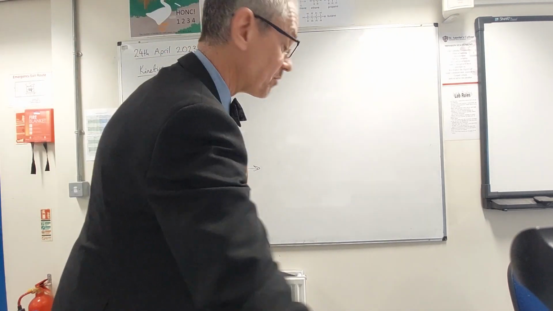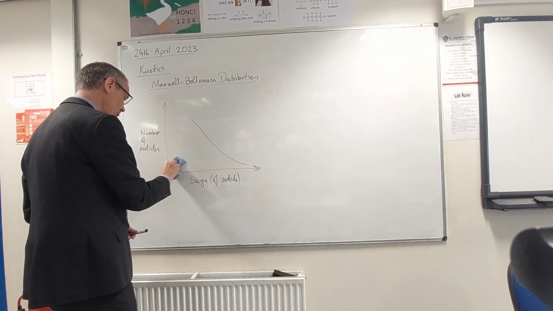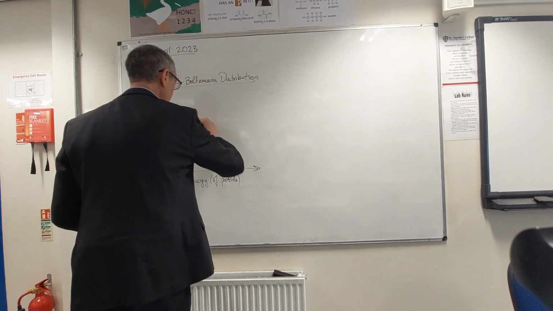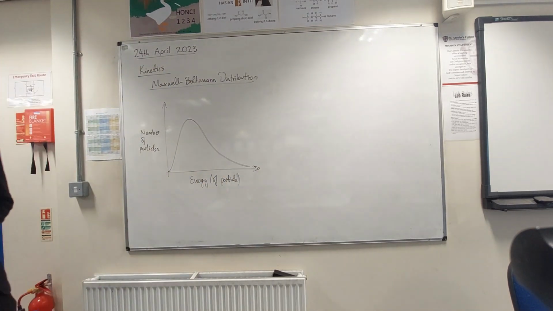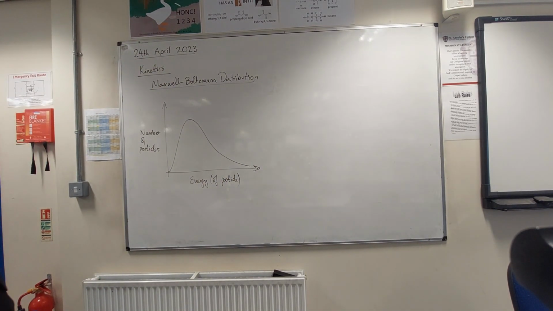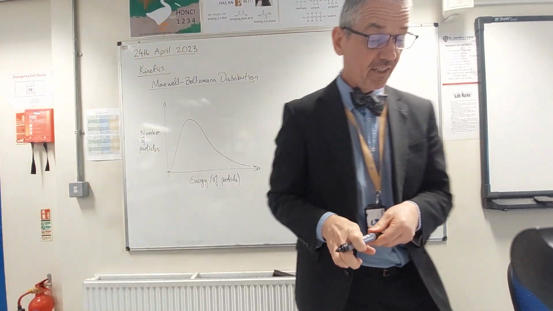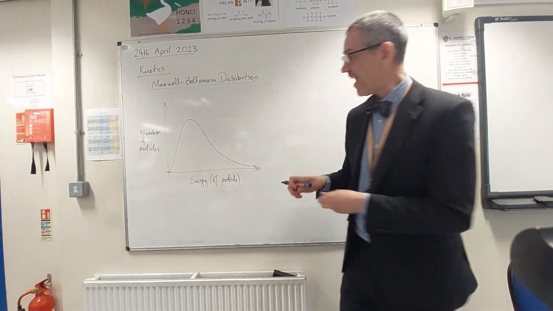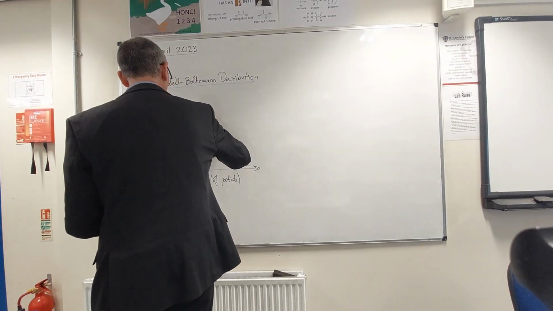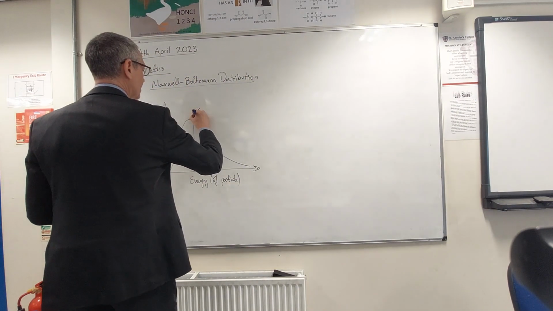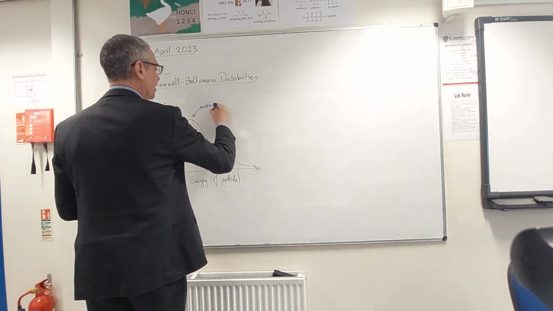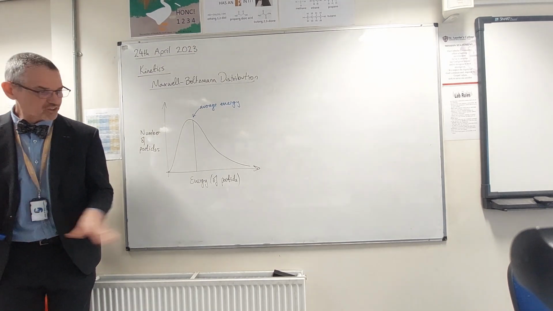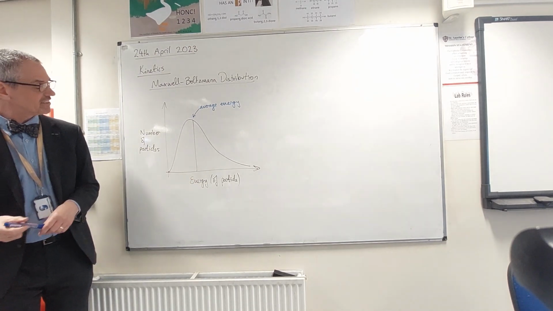That's one of the worst Maxwell-Boltzmann distributions I've ever drawn, so let's just draw that again with a bit more nice curviness. That's fine. Remember that the average energy of the particles is always slightly to the right, and remember, it's on the energy axis.